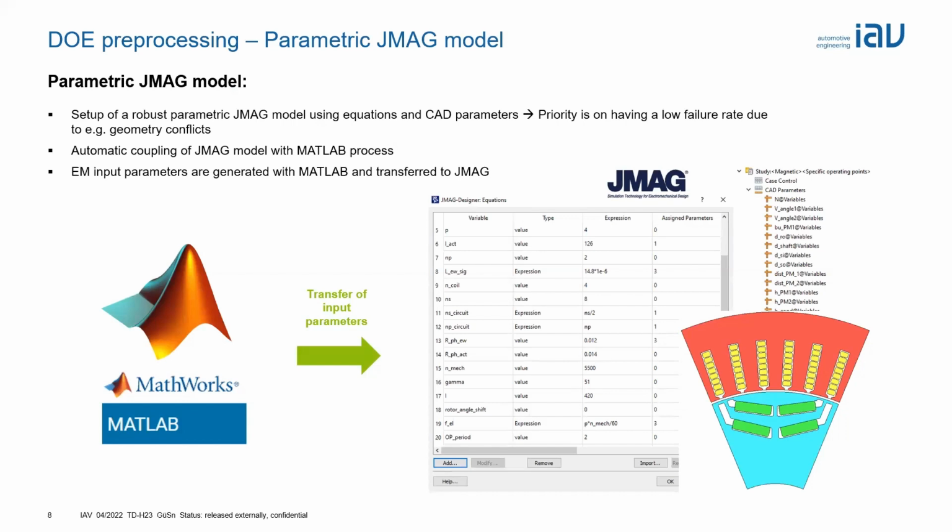We also use an automatic coupling in between JMAG and MATLAB, and we have different MATLAB processes, and these processes generate the input parameters, transfer them to JMAG, then we run the different JMAG calculations and export the results back to MATLAB.